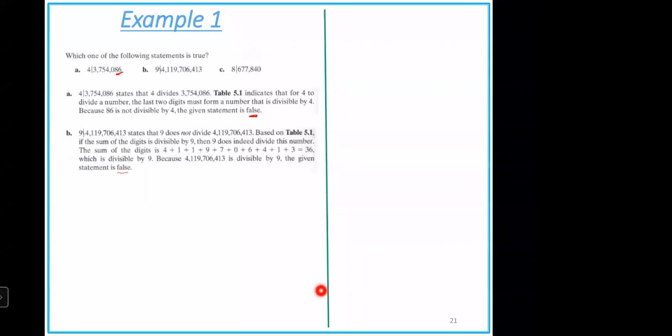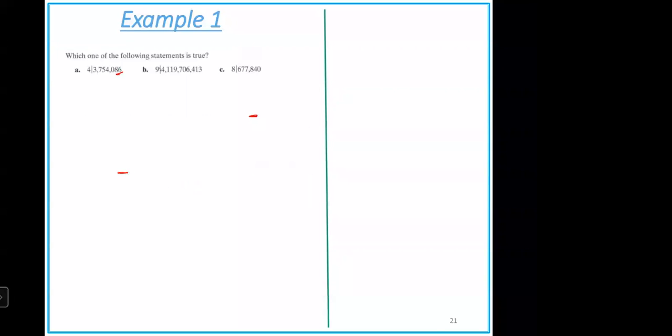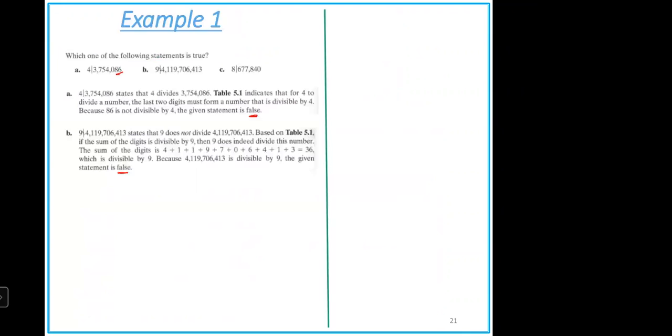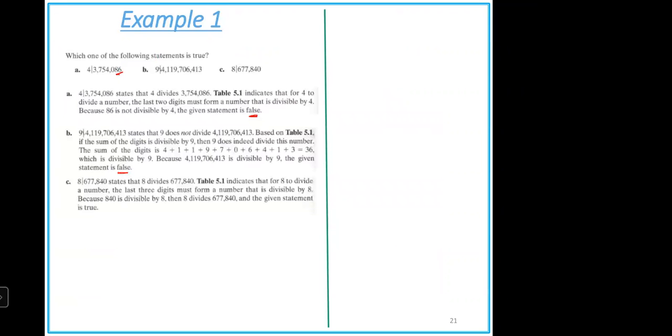So that's why they have false here. And then the last one they have here is 8 divides 677,840. So the rule for 8 is the last 3 digits form a number that's divisible by 8. So we're going to look at that one.